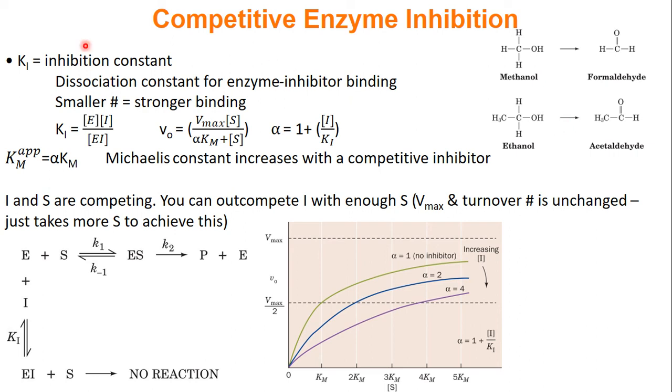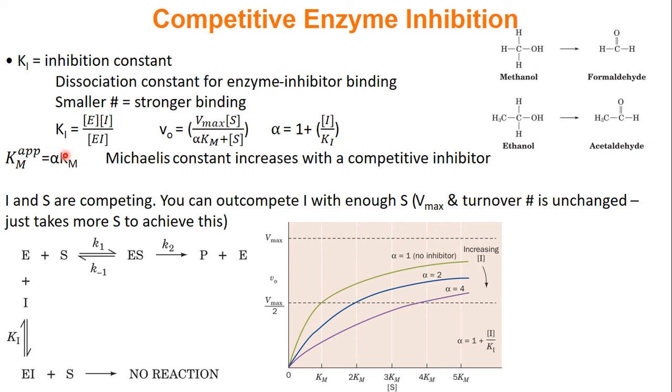Now, when we talk about inhibition, we have something called Ki, which is an inhibition constant. That's how we are measuring how good of an inhibitor we have. And Ki is called a dissociation constant. Basically, we're measuring how easy or how hard it is for your inhibitor to dissociate from the enzyme.